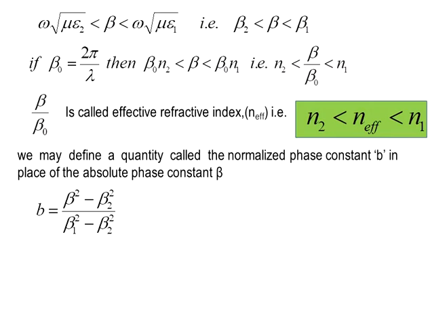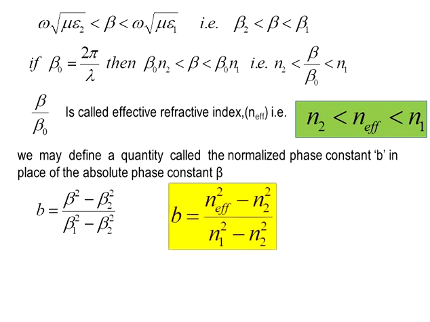If I replace beta 1 and beta 2 in terms of the refractive indices, I will get the final equation for this B, that is the normalized phase constant is equal to n effective square minus n2 square divided by n1 square minus n2 square.